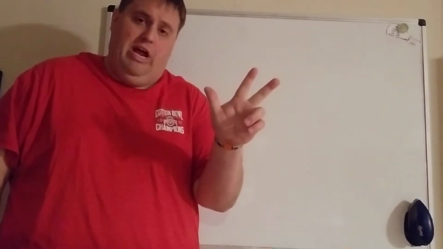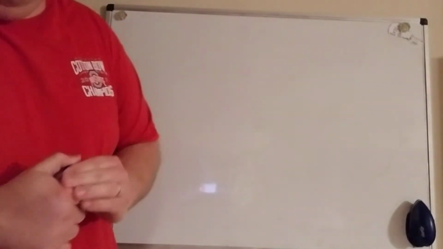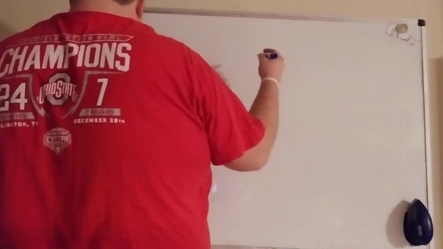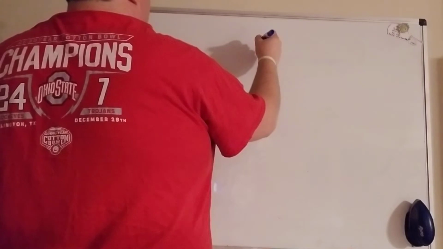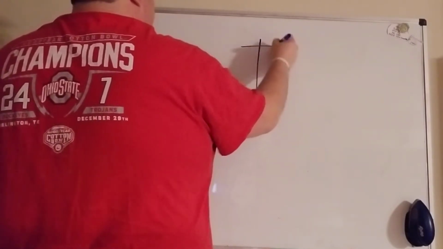So today we're going to compare linear functions, exponential functions, and quadratic functions. And in particular, let's say I'm looking at a table of values. So let's say I'm looking at some sort of table like this one.